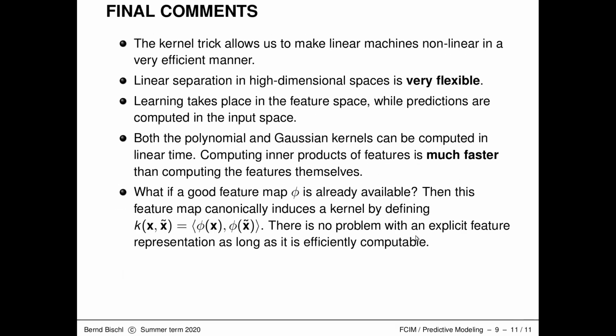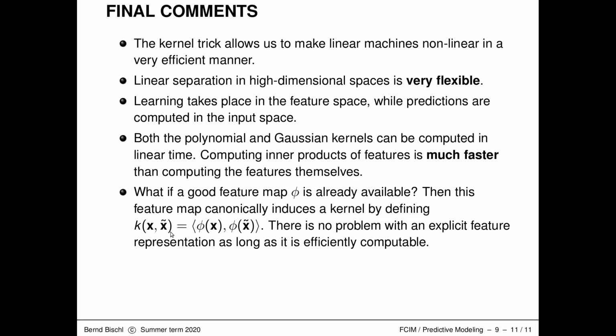Both the polynomial and the Gaussian kernel can be computed in linear time. So I hope that's also obvious from the formulas. And computing inner products of features is therefore much faster than computing the features themselves. So you can also ask yourself, if I already know a good feature map, is the kernel trick not useful for me? Well, actually, if you have a good feature map, if you know already one, what you could also try out is computing the associated kernel function, computing this dot product, and then still using the kernel trick.